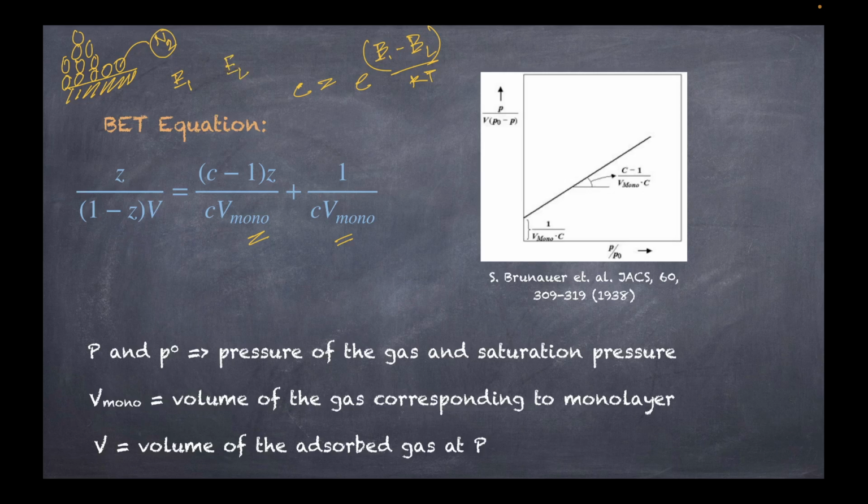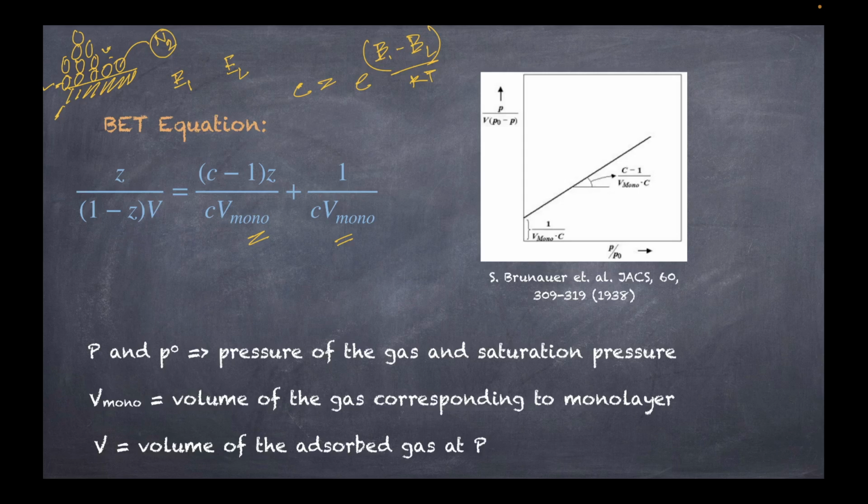Why? Because in the BET isotherm we use an approximation: the interaction energy between the gas molecules and the solid surface for the monolayer is strongest. You can visualize that the interaction energy between the gas molecules in the monolayer and the solid surface is large, and the interaction between gas molecules in different layers, that means second layer and first layer, third layer and second layer, is very small compared to the gas and solid interaction.